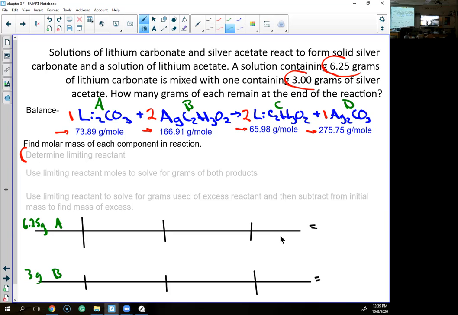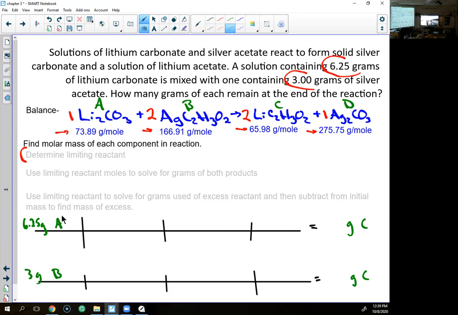Okay, now please keep looking at the screen if you need my help. I solve the right side for the same one of these. So I'm going to solve for grams of C. So the start is different, but the end has to be the same one. Okay, now I'll set my picket fence up.